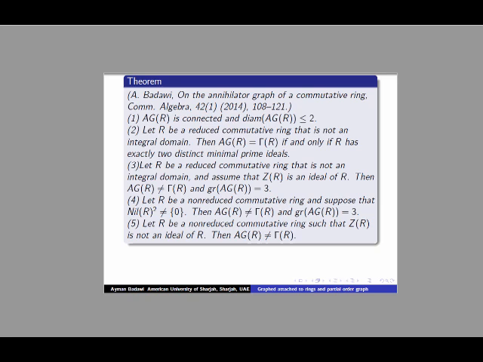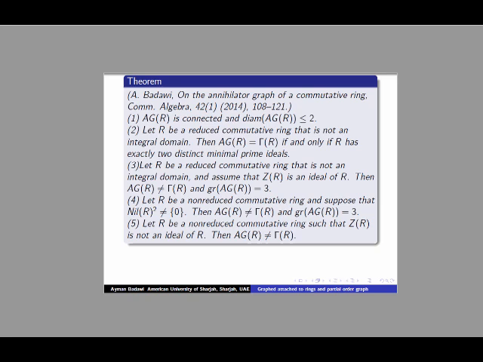Okay? Of course, in practice, graphs are finite. So if you want to do it from a practical point of view, maybe you can choose your ring to be finite, like R to be Z5 cross Z11, Z5 cross Z7, okay?